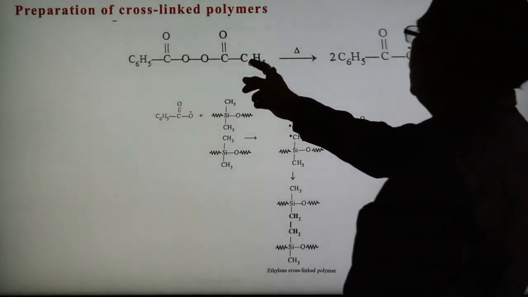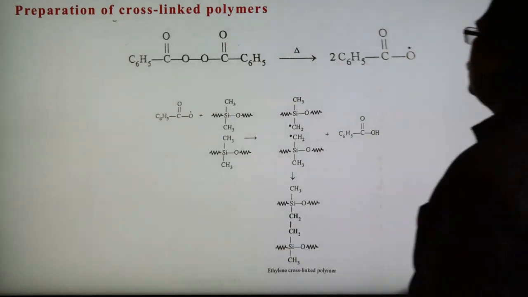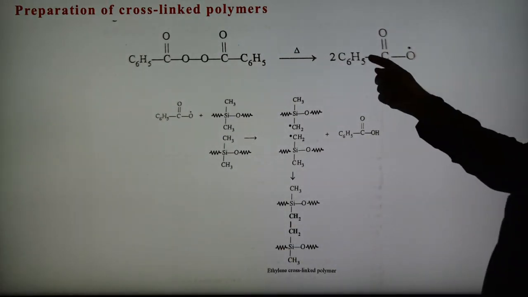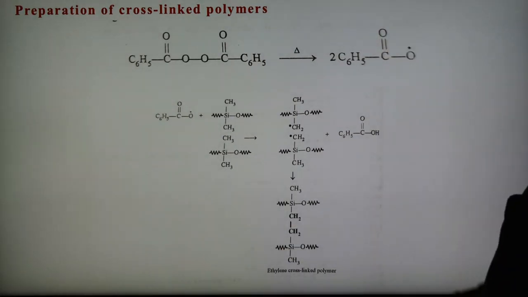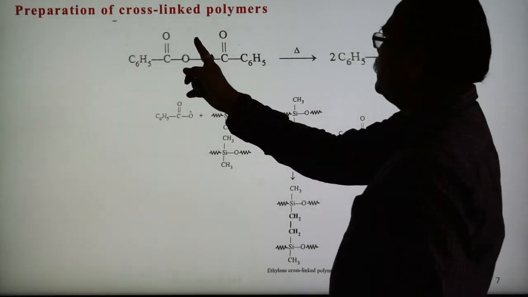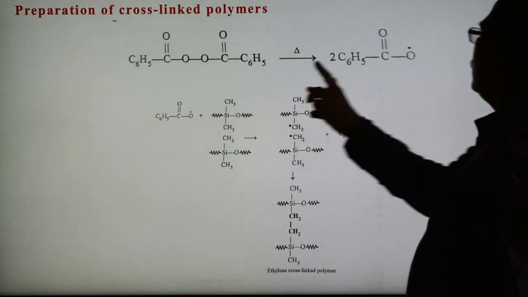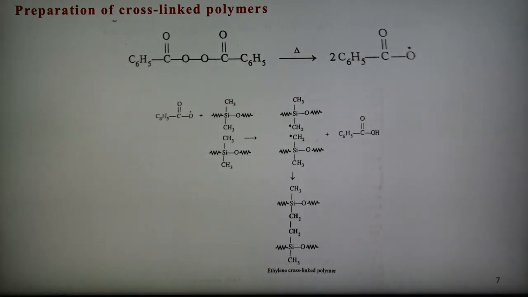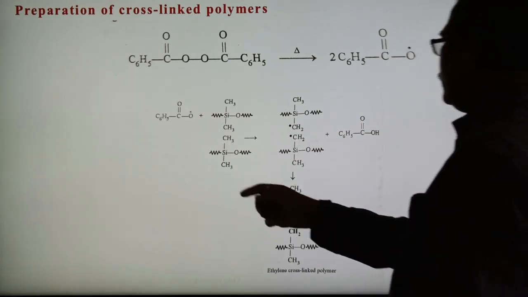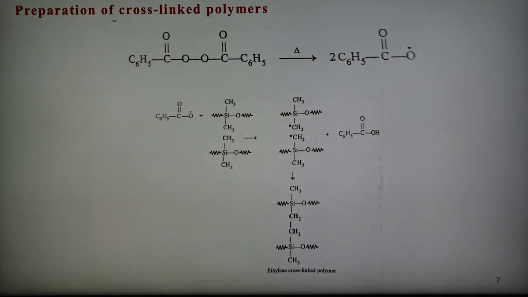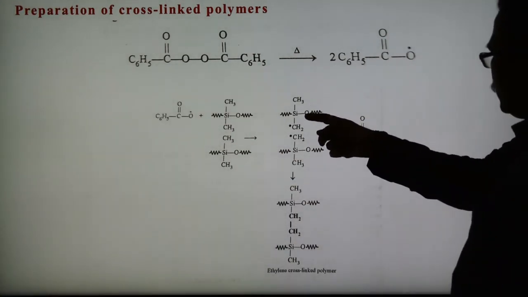So this is the benzoyl peroxide, and forming this is the one group. It is now divided into this. After breaking this bond, we get 2 molecules of peroxide, and this peroxide free radical combined with this silicon and forming this type of compound.